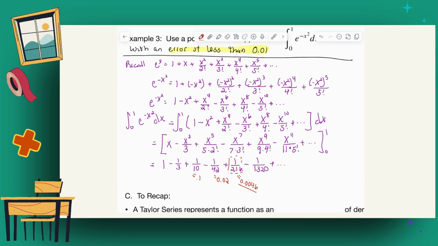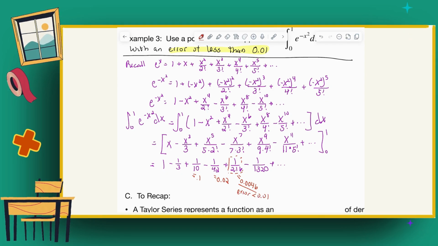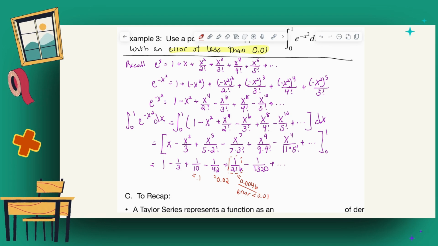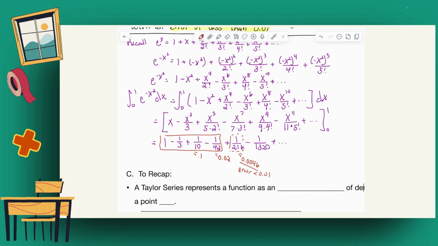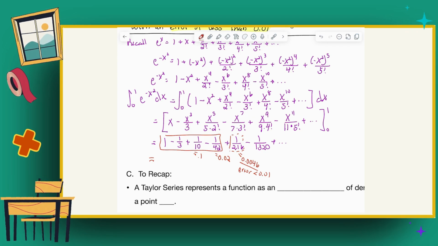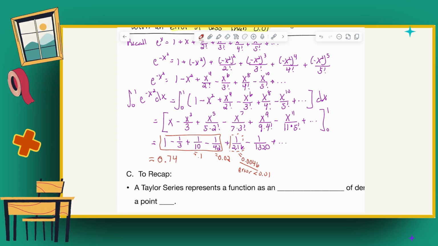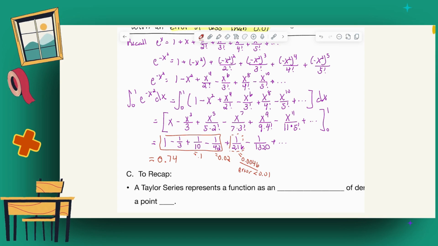And so we're approximating it with 1 minus 1/3 plus 1/10 minus 1 over 42, which we will just punch into our calculator and see that our approximation for the integral from 0 to 1 of e raised to the negative x squared power is approximately 0.74. I'm going to 2 decimal places, since I want an error less than 0.01.